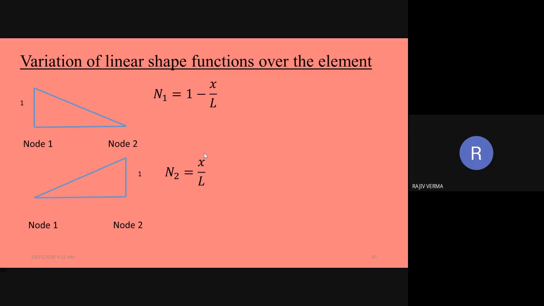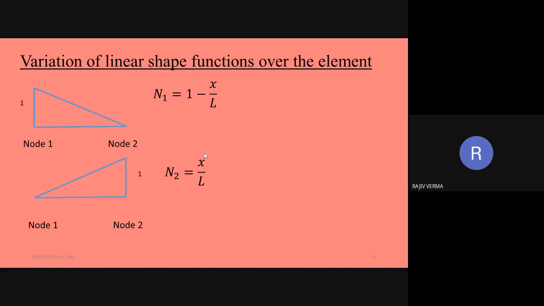At this particular point, we conclude that every node is going to have a particular shape function associated with it. So node number 1 is linked with shape function number 1. Node number 2 is linked with shape function number 2.